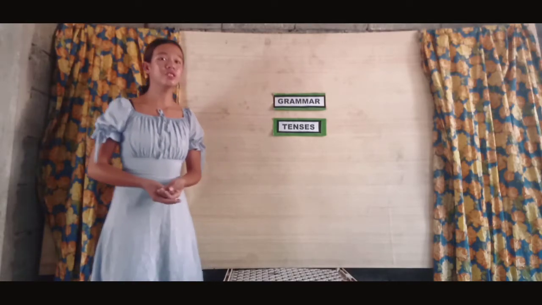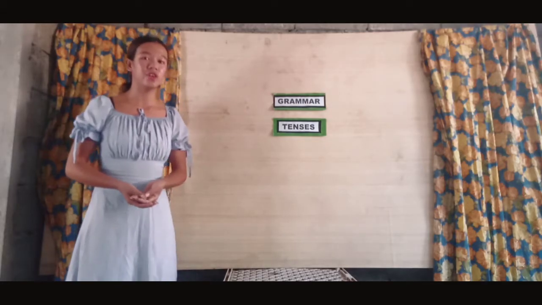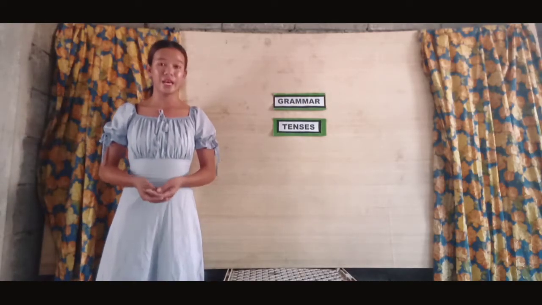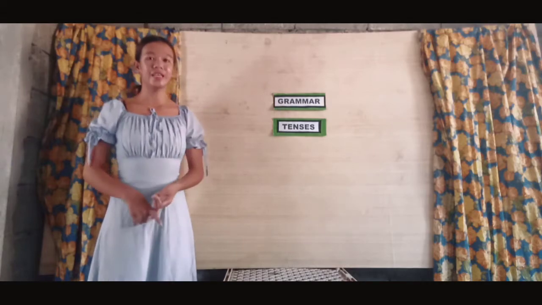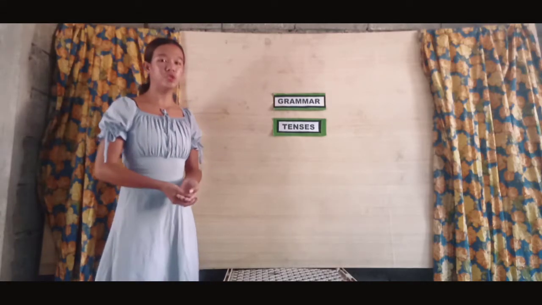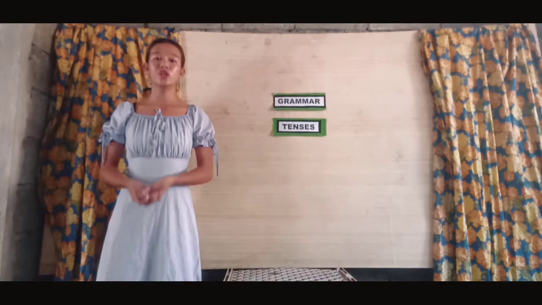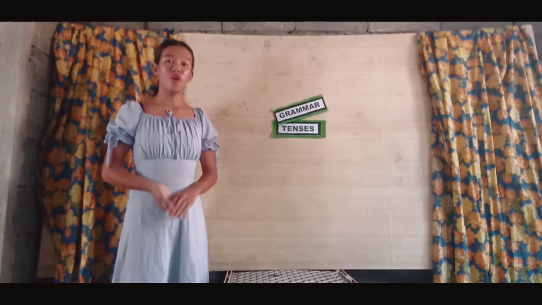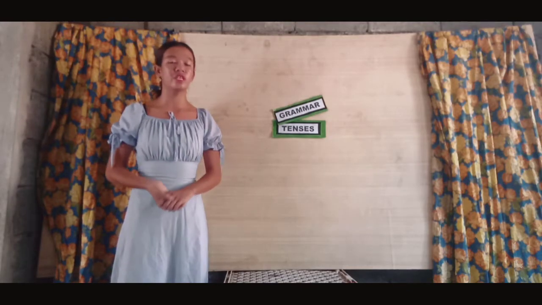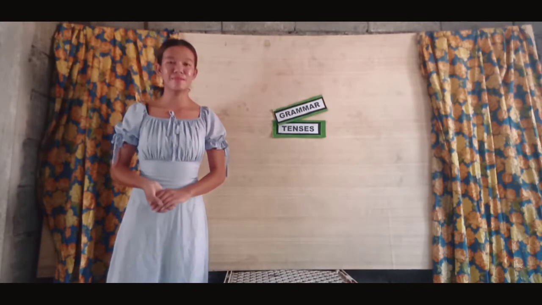A concept of tense in English is a method that we use to refer to time: past, present, and future. Many languages use tense to talk about time. Other languages have no concept of tense at all, but of course, they can still talk about time using different methods. So that is the meaning of tenses.